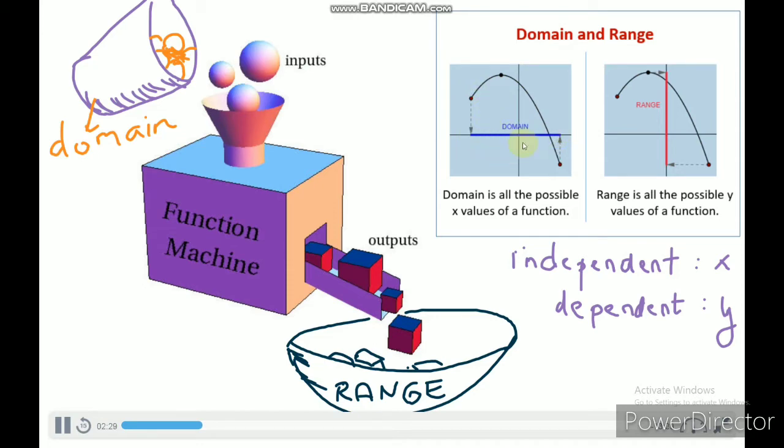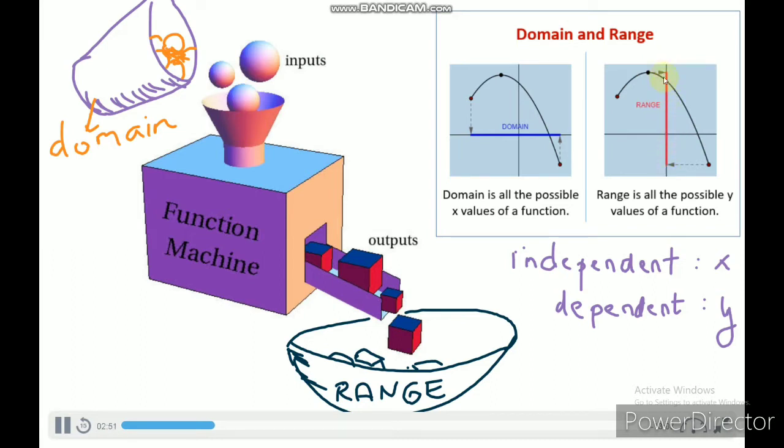And for all possible values of Y, you view the graph from bottom to top or top to bottom. What is the maximum value of your Y and what is the lowest value of your Y as the border, and you have to check whether every value of Y in between is included on your graph.